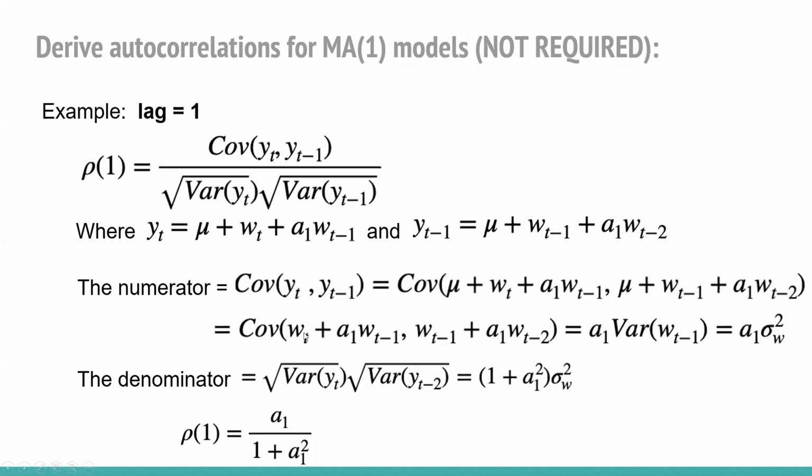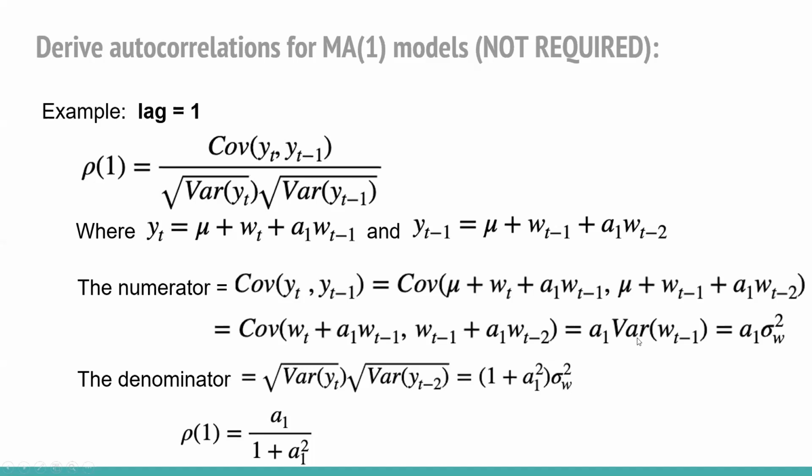Okay, if this is what I have, then you're actually going to see that when I take the correlation of this, what I have right here can be written as this.